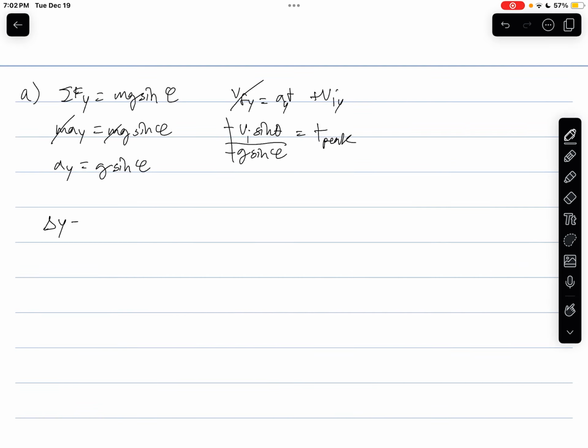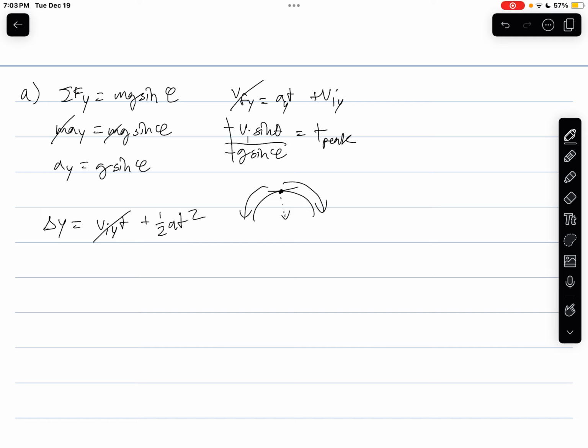And then I can use the displacement formula, v_iy t plus 1/2 a t squared, to find the h max, because I can set v_iy t equal to 0. I'm going to look at it this way, going that way, because it's going to displace the same distance, but over there it's going to be negative.